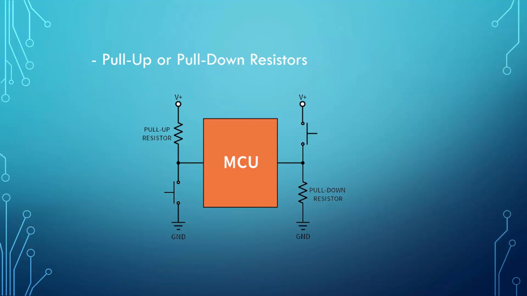To avoid this situation, the pin is usually pulled up by connecting a resistor to VCC or pulled down by connecting a resistor to ground. The value of the resistor will normally be 10 kilo or 4.7 kilo.